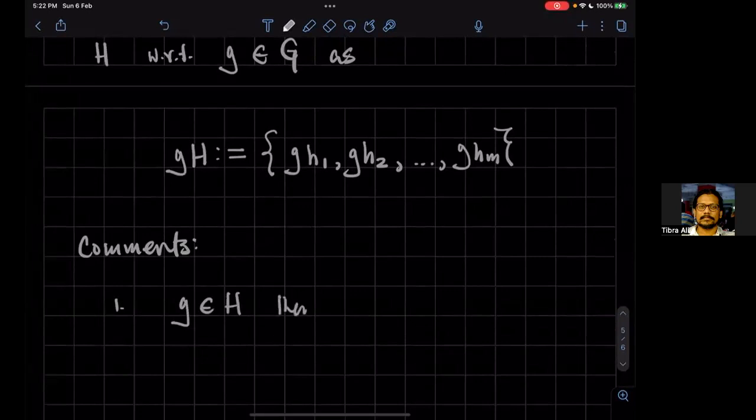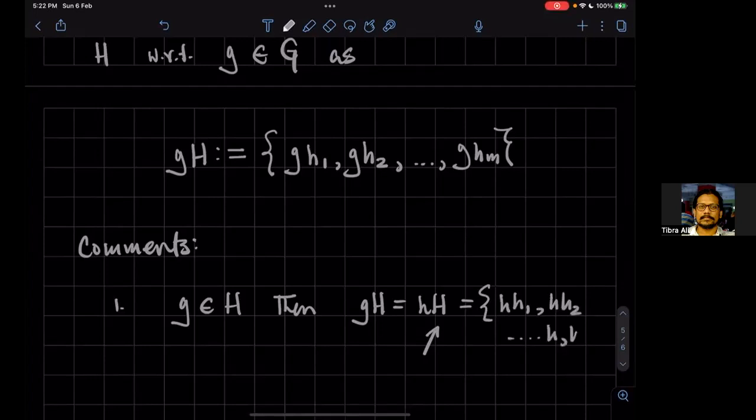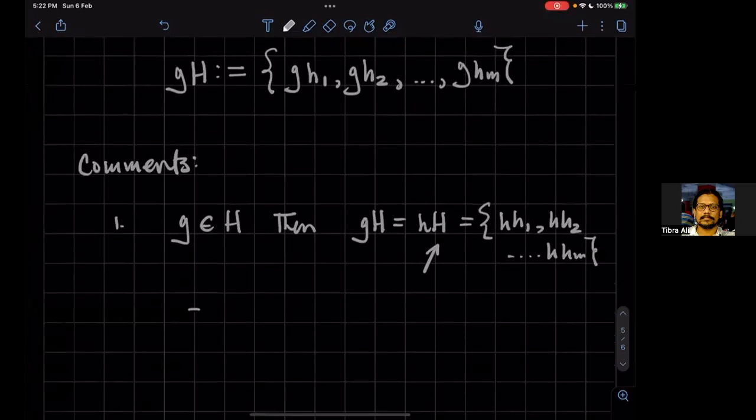Then you can very easily show that since h times H is H, and H is a subgroup, that is, it's a group, if you take h times h1, h times h2, ... h times hM, all that it's going to do is shuffle around the elements.